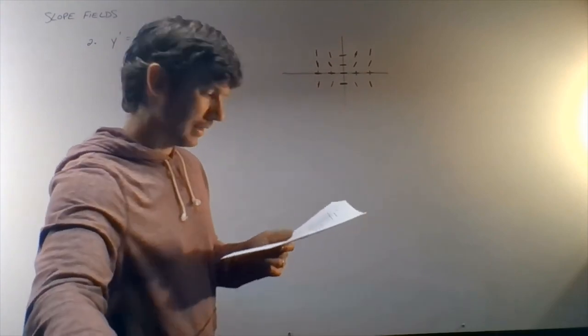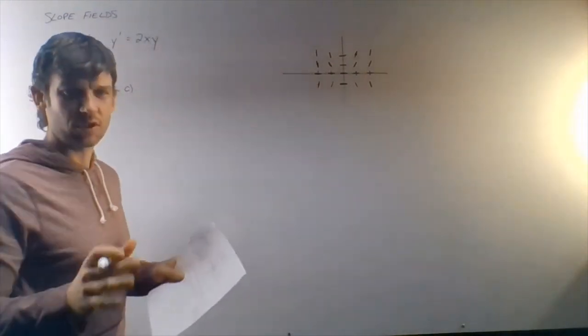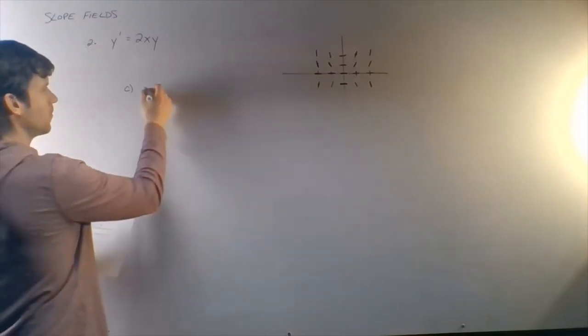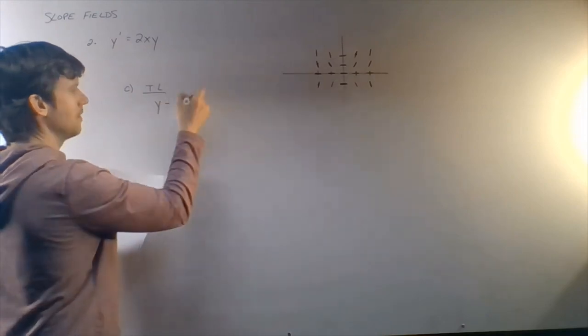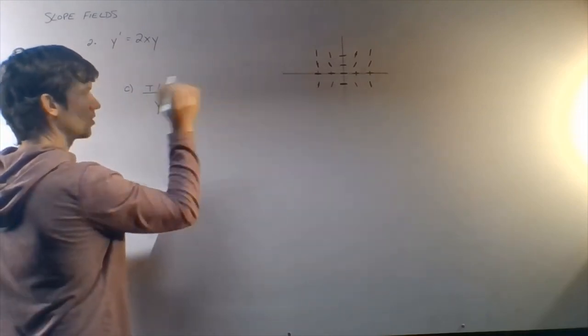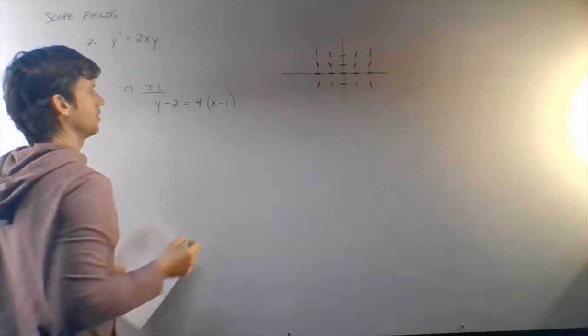So, letter C, I'm doing letter C first, just because I know that usually they ask for tangent lines first. My tangent line is going to be y minus the y value 2 equals the slope, which I know is 4, times x minus 1. That's my tangent line.